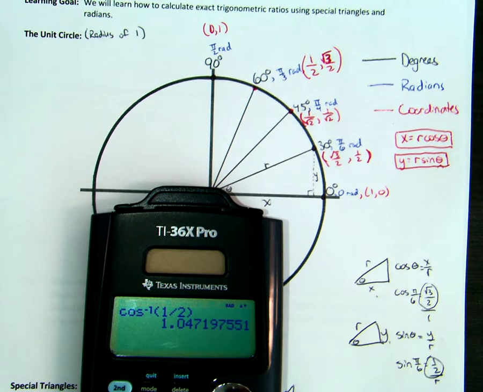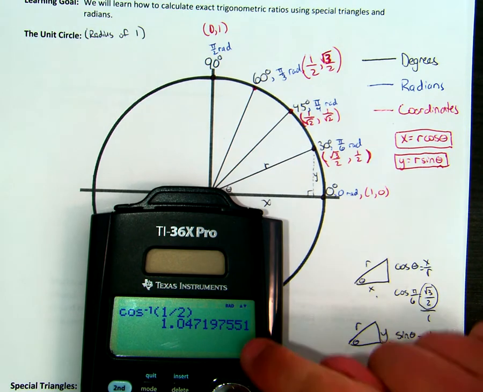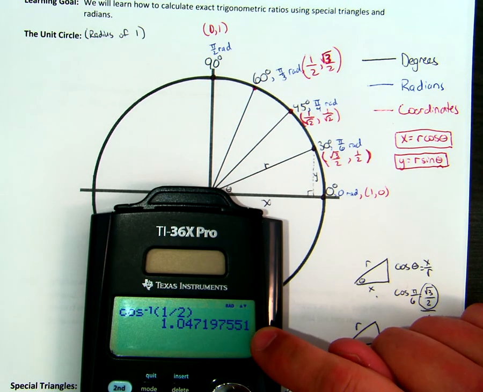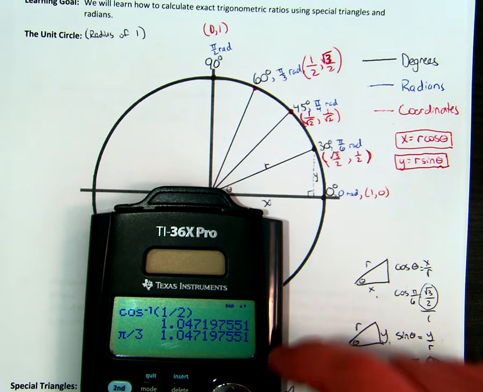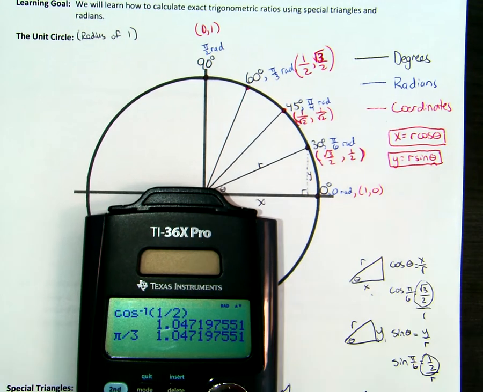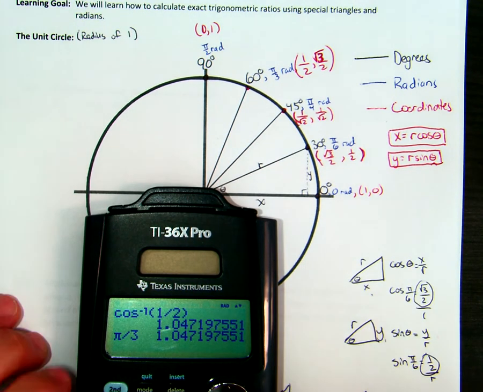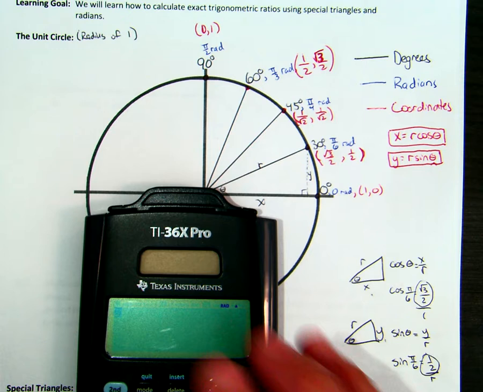So it gives me 1.047 blah blah blah. To make sure that this is pi by 3, I'll double check pi divided by 3, and it's the same decimal. So that's probably the better check. I compare it, make sure it's the same decimal, which it is, so I'm good to go. So that's just a little bit of the calculator stuff.